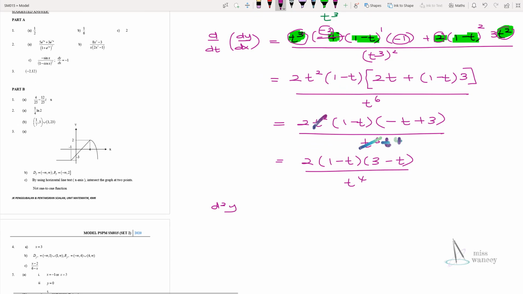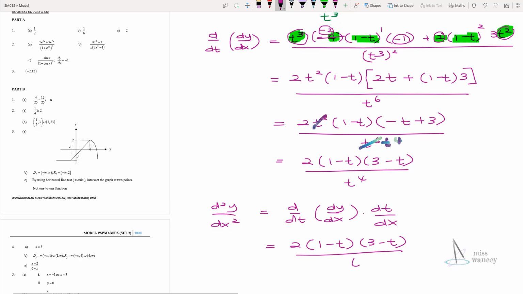So d2y over dx square is actually equal to d over dt of dy over dx multiplied with dt over dx. So I already have 2, 1 minus t, 3 minus t over t to the power of 4.